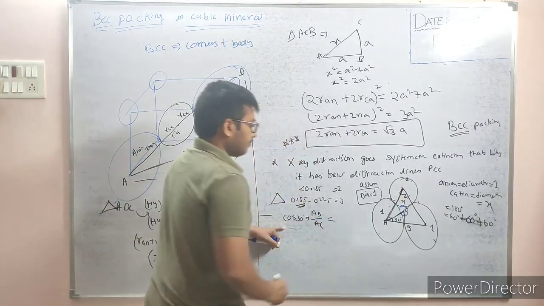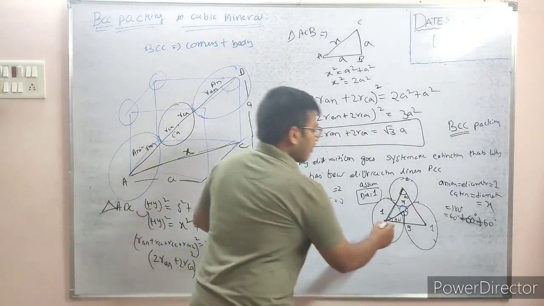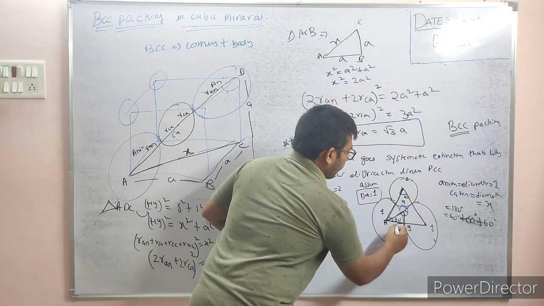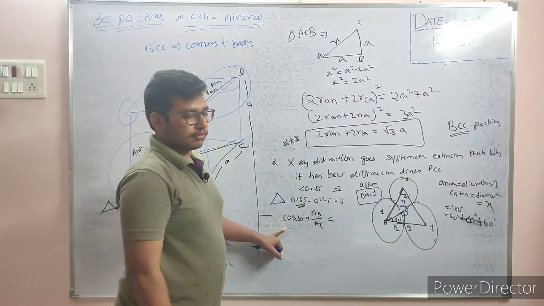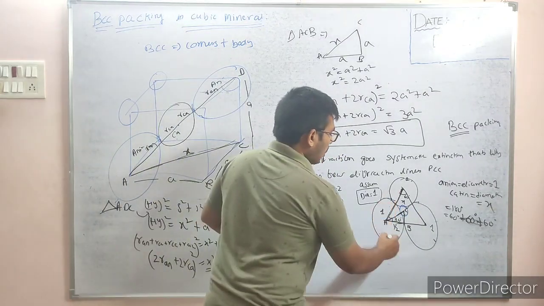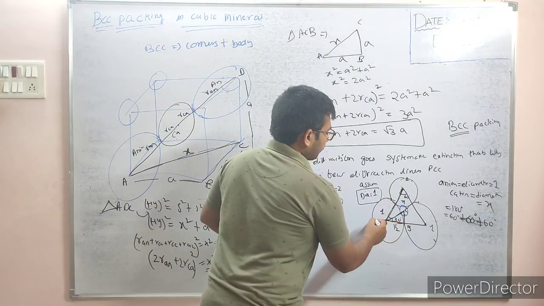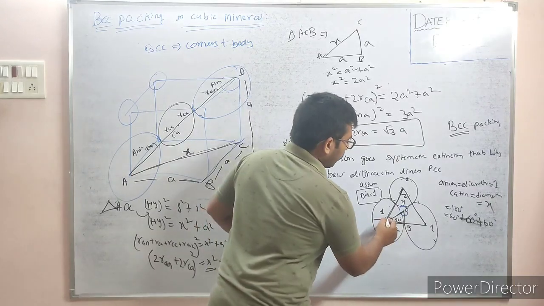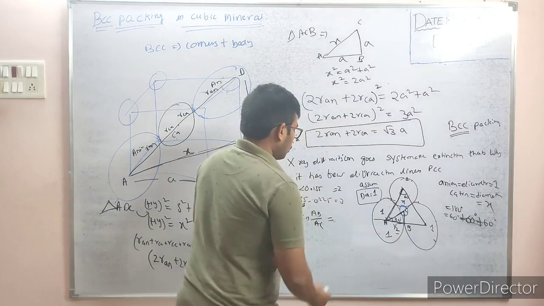When you take AB, if it is the radius of the anion, it will be 1 by 2, because the whole anion diameter is 1, and if you are taking only half, it will become half.